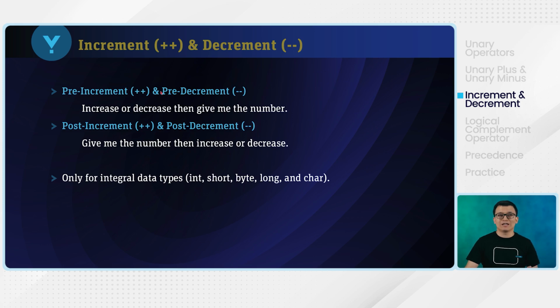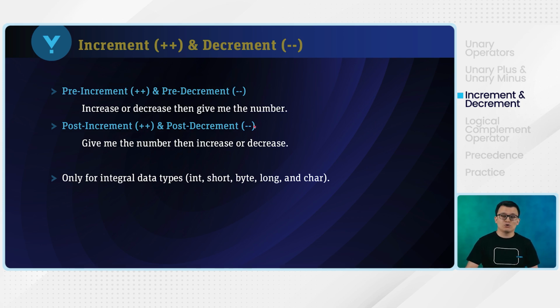The pre-increment and pre-decrement mean increase or decrease the value immediately, then return the value afterwards. Every time you place the increment or decrement operator before the operand, it indicates that it is pre-increment or pre-decrement. It will immediately change the value of that operand by 1.